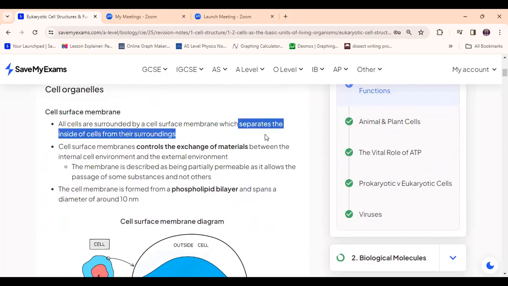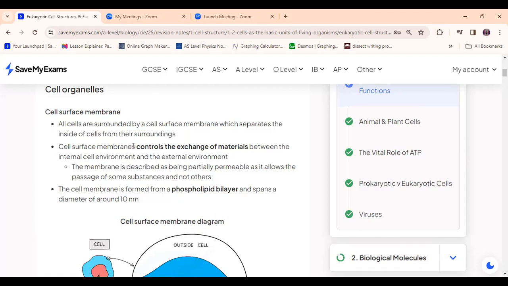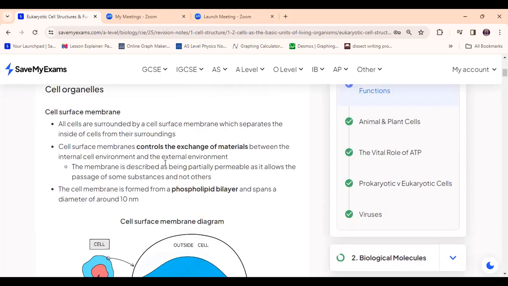It separates the inside of the cell, the protoplasm, from the external environment. Also, being partially permeable, it controls the exchange of materials between the internal and external environment.